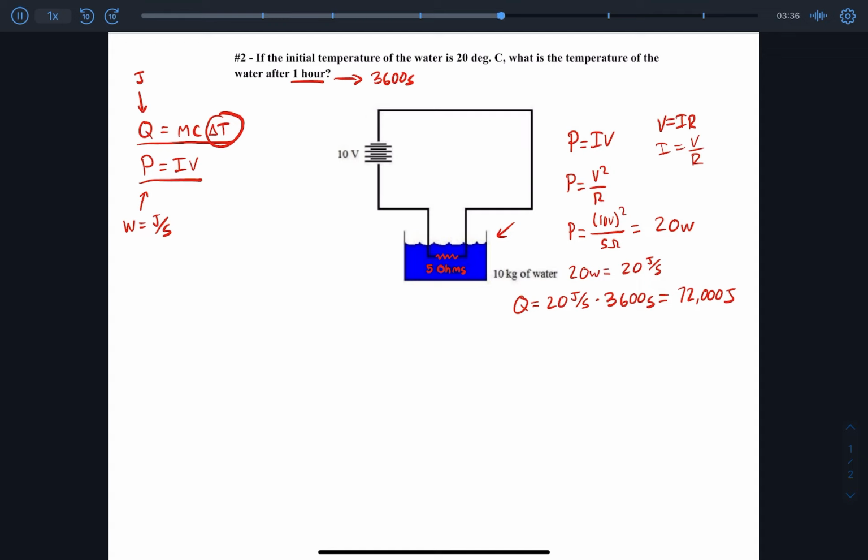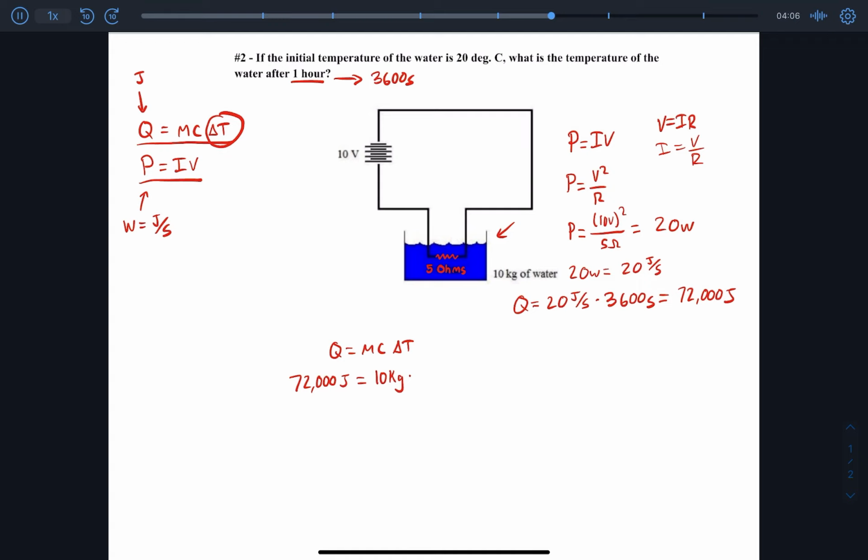Next, let's plug this number into our specific heat capacity equation. And so we've got Q equals MC delta T. And so plugging some numbers in, we've got 72,000 joules is equal to our M, which is our mass, and we're given that that's 10 kilograms of water. Our C is our specific heat capacity of water, and that is something that would probably be good to know.